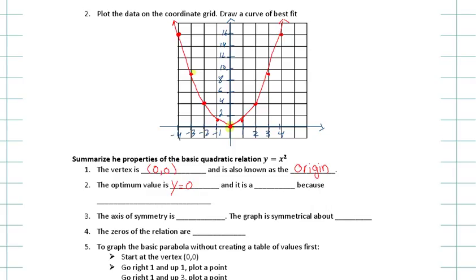So the optimal value is y equals 0, and it's a minimum because the parabola opens up. Whereas if it was the opposite, it would be a max.